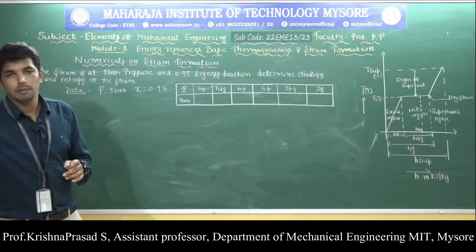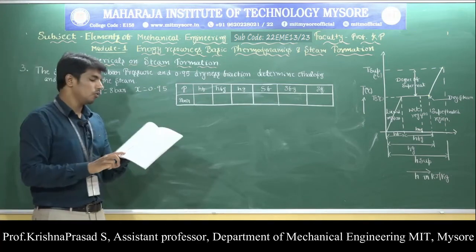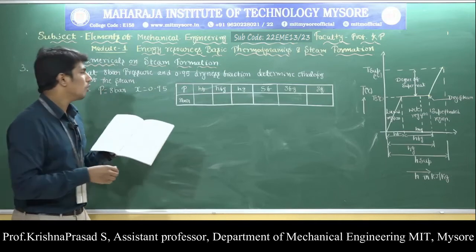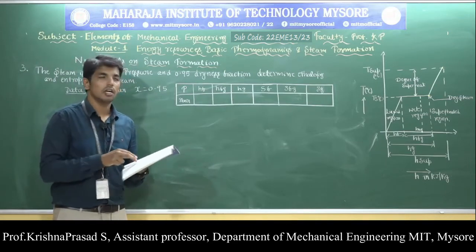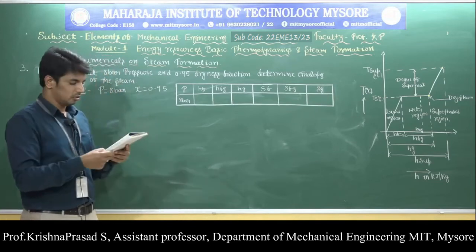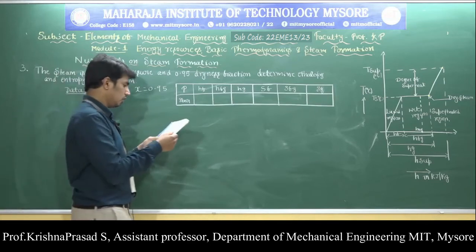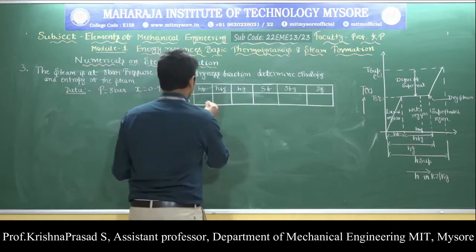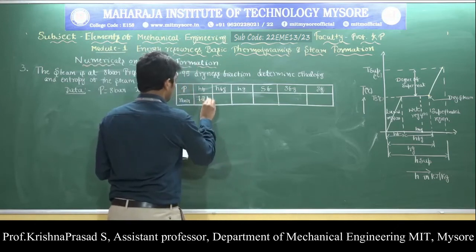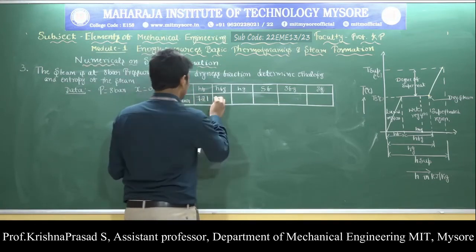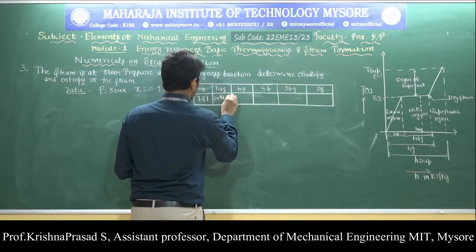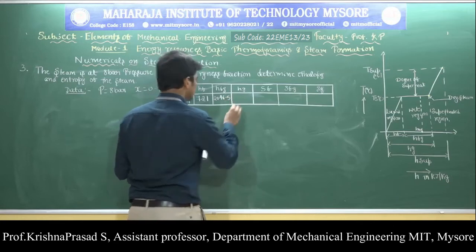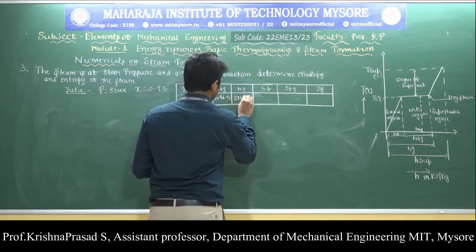So again, using the same data handbook, we need to take the values of Hf, Hfg, Hg, Sf, Sfg and Sg for 8 bar pressure. For 8 bar pressure, Hf is equal to 721, Hfg is 2046.5 and Hg is 2767.5.